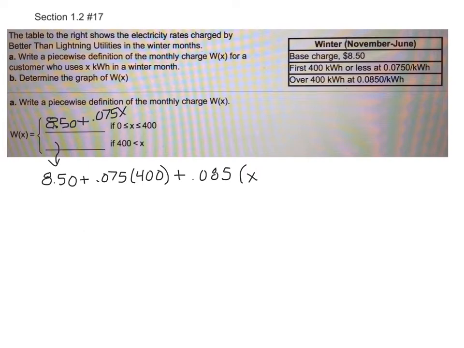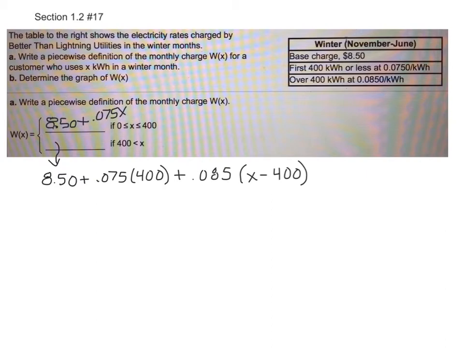Then you'd have this equation, but that 0.085 would have to be only times 100, not 500, because 400 of those cost that 0.075, and now the next 100 of it costs 0.085. So by putting in this X minus 400, that is for the hours above that 400 from below.